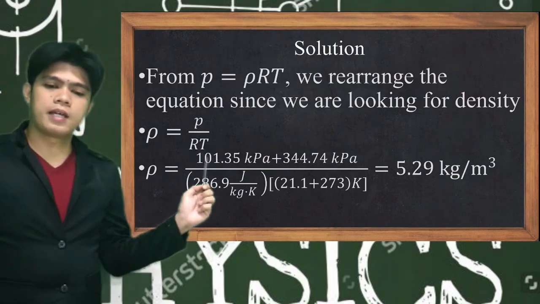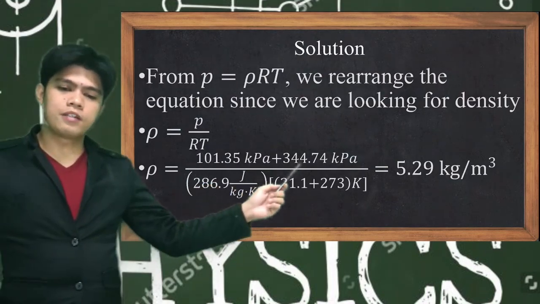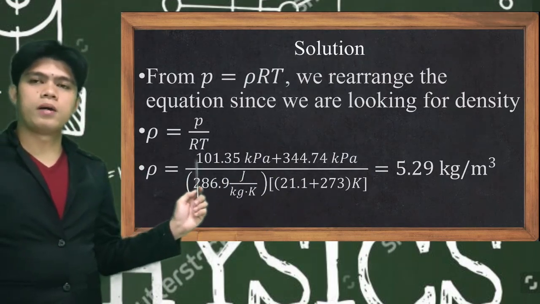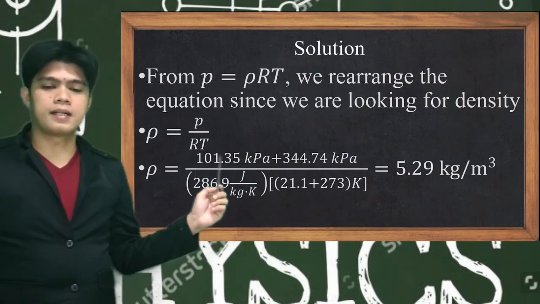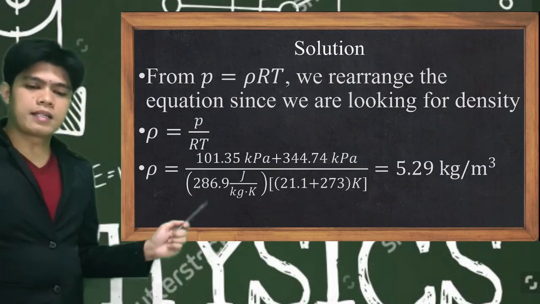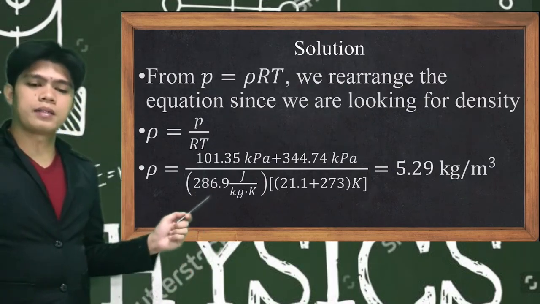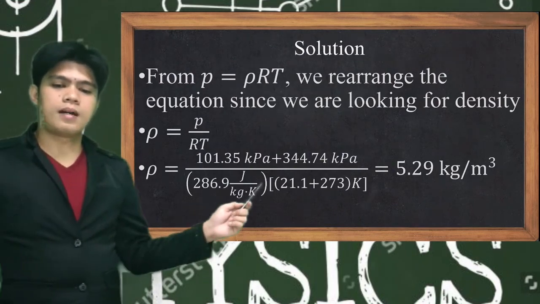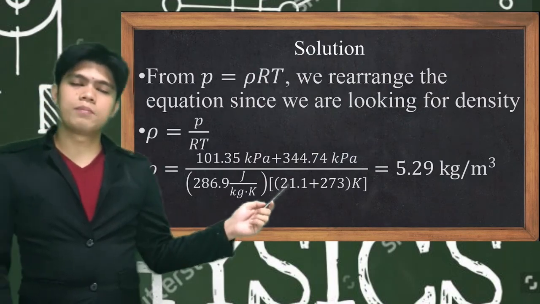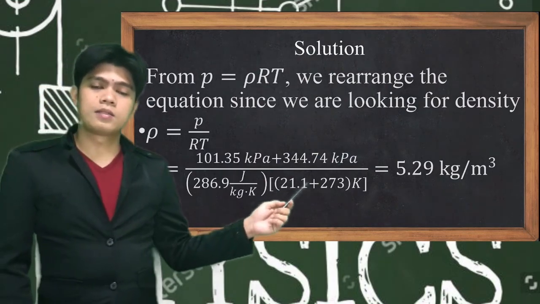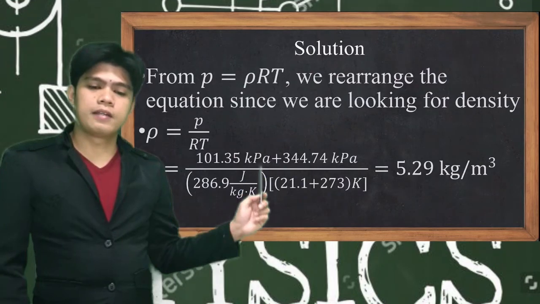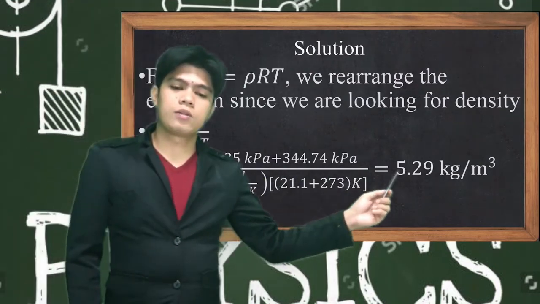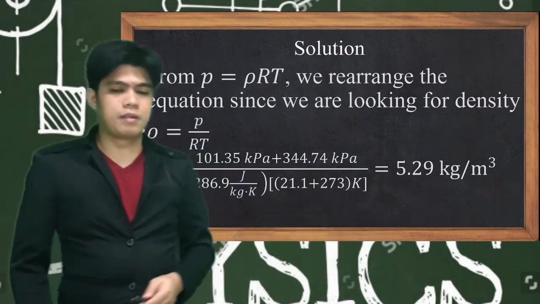Our gauge pressure is 344.74 kilopascal and our atmospheric pressure is 101.35 kilopascal. Our specific gas constant for air is 286.9 joules per kilogram Kelvin, times our temperature, which is 21.1 degrees Celsius plus 273 so that we have Kelvin. And then our final answer is 5.29 kilograms per cubic meter.